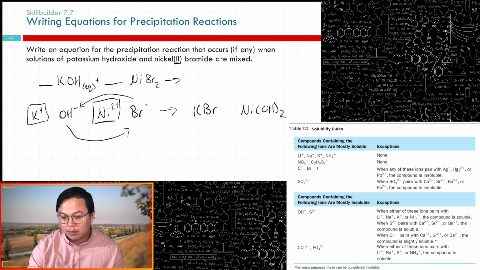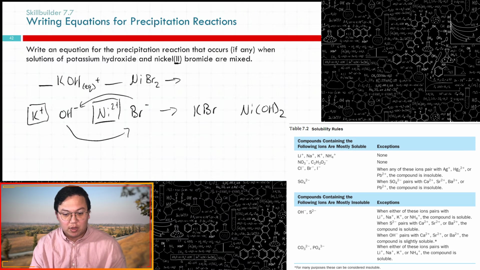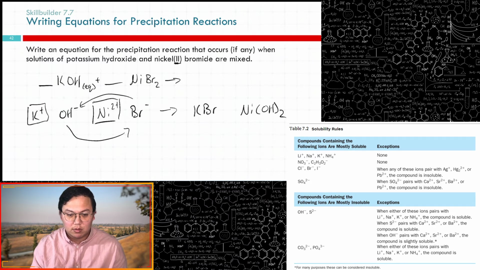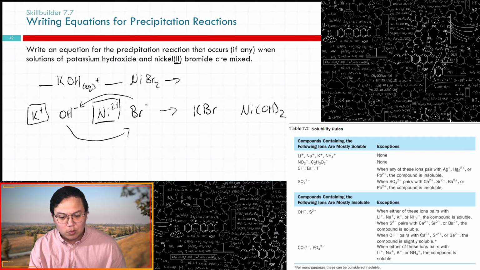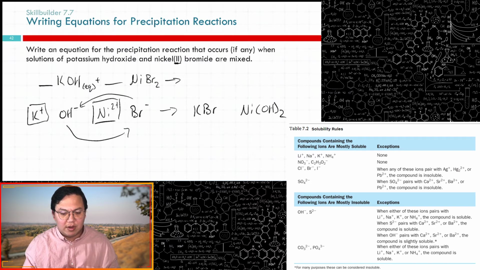Now, are these going to be soluble or insoluble? Pull up our solubility table. We look at potassium, which is mostly soluble with no exceptions. So we can move on to nickel, which isn't part of those cations. Then we could do bromine too. When bromine pairs with silver, mercury, or lead it's insoluble, but we don't have any of those.